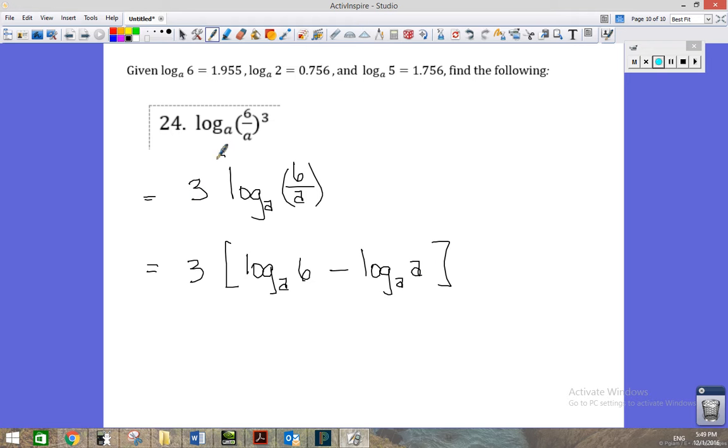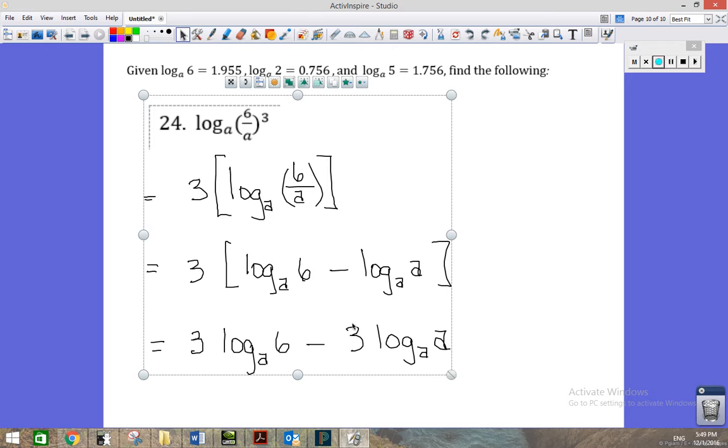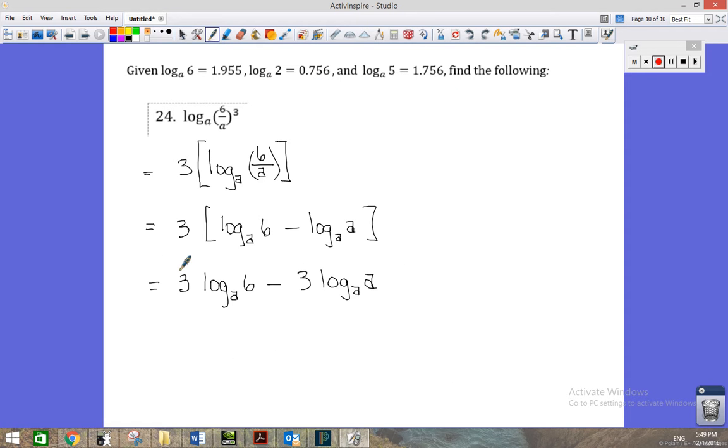It's 3 times, because this whole thing is equal to that difference. So I have 3 times the log of 6 minus 3 times the log base a of a, because I distribute that 3 through. Well, I know what log base a of 6 is. They told me that this log base a of 6 is 1.955. And they don't need to tell me that log base a of a is 1. I can figure that out on my own, and 3 times 1 is 3.